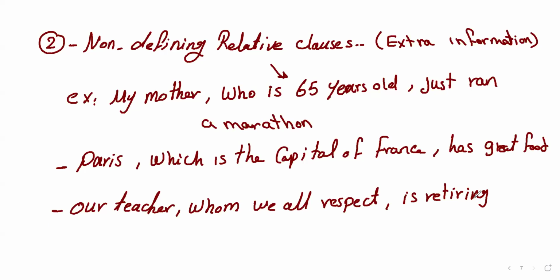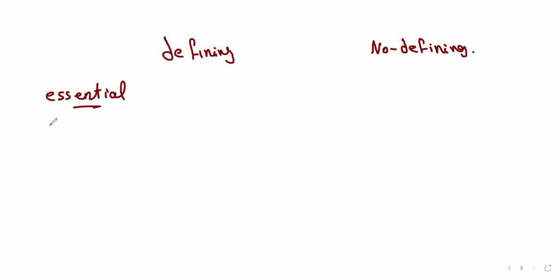So, quick comparison. Defining and non-defining. Okay? Let's put them in a table. What about the essential? In the defining, yes, it's essential, but non-defining, no, it's not essential. Commas.